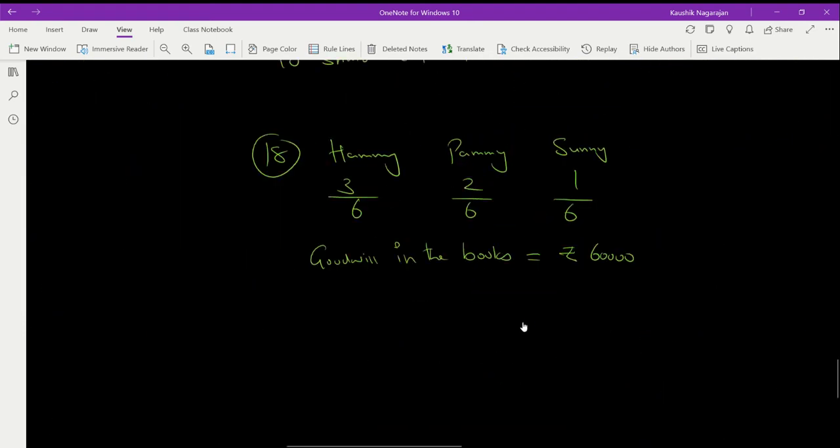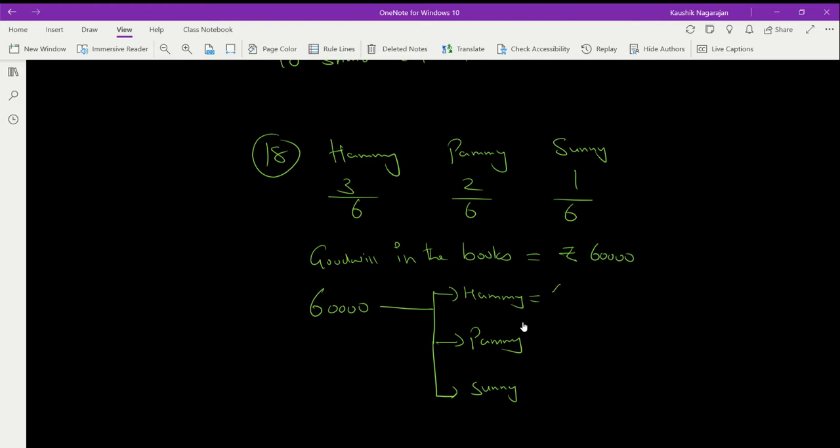So that means the amount 60,000 should be written off to the partners. First one is for Hammy, the next one to Pammy, and the next one to Sunny.